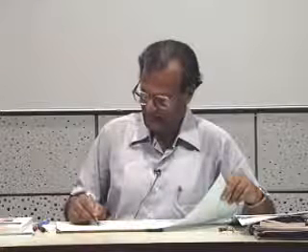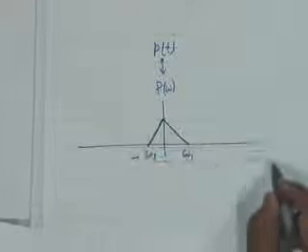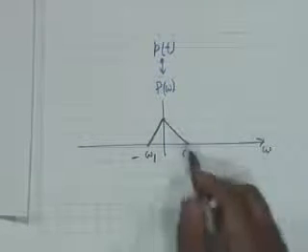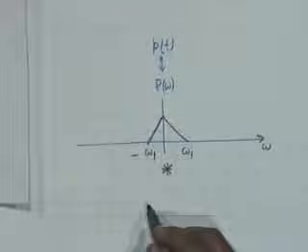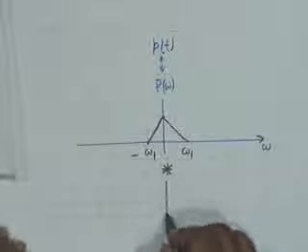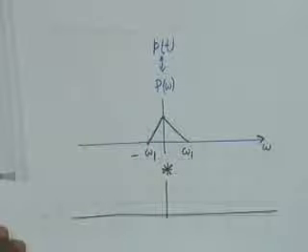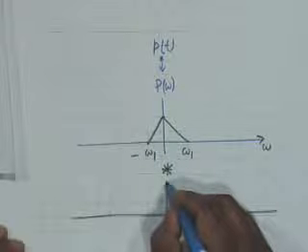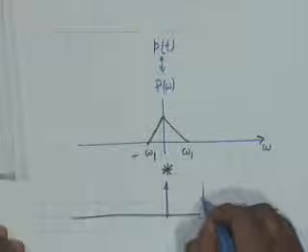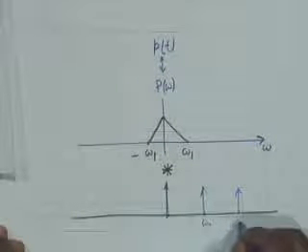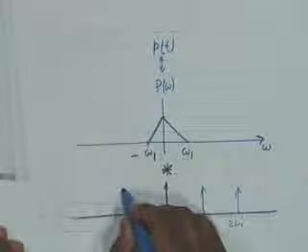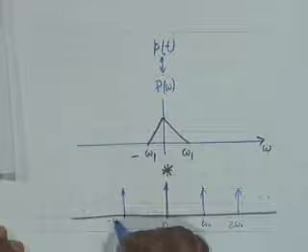Suppose P of omega is band limited to omega 1 and minus omega 1. What you have to do now is to convolve this with a chain of impulses in the frequency domain. That is, you have like this, omega 0, 2 omega 0, 0, then minus omega 0, and so on.